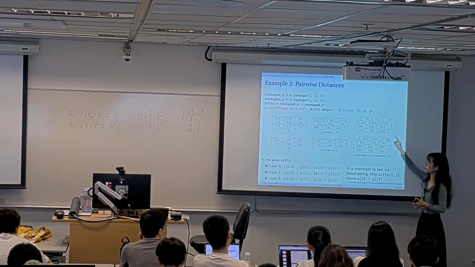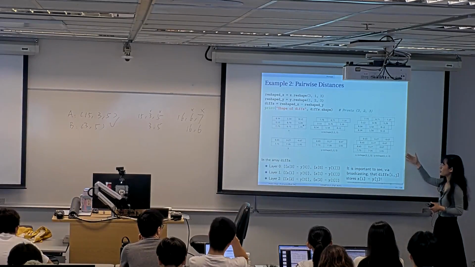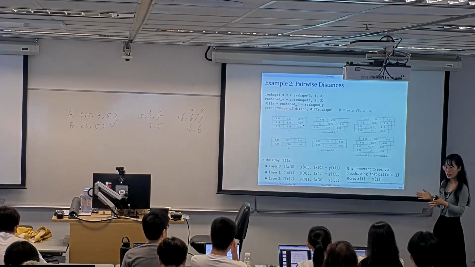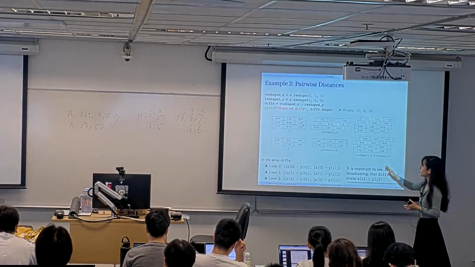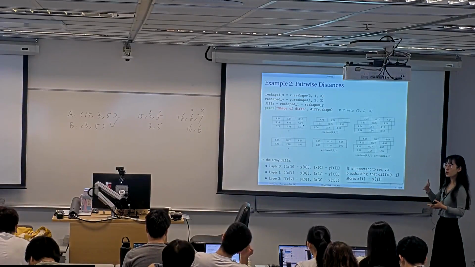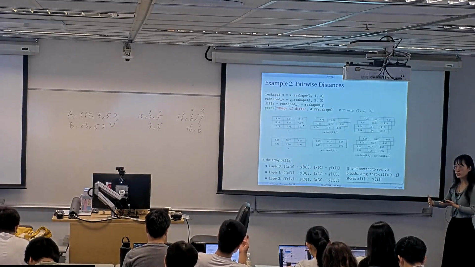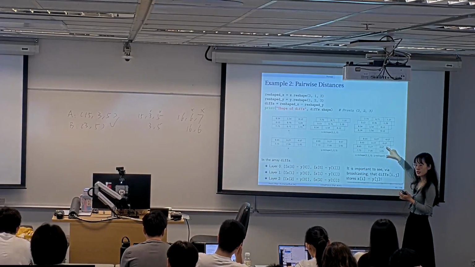It behaves as if it's an array like this, 3 layers, but each layer has exactly the same value. All right, so if we want to do this reshaped X minus reshaped Y, basically we will do element-wise subtraction between these 2 arrays.